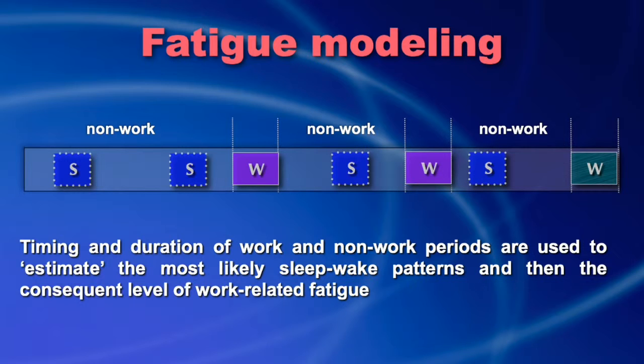Conversely, on the right-hand side of the graph, you will see that there is a single sleep period between two work periods, then a reasonably long period before that individual starts work, has another period of time off before they sleep again. If we know the pattern of sleep and wake estimated by the software, then we can make quite reliable predictions about the likely fatigue levels that an individual will experience on the basis of that work pattern.